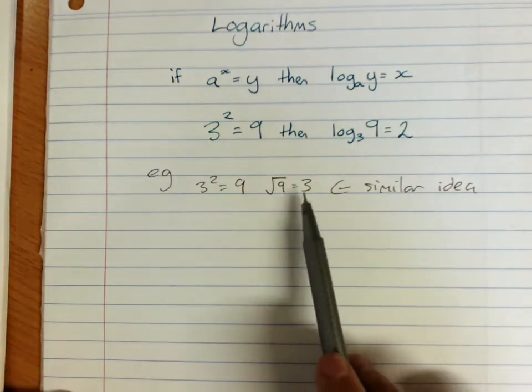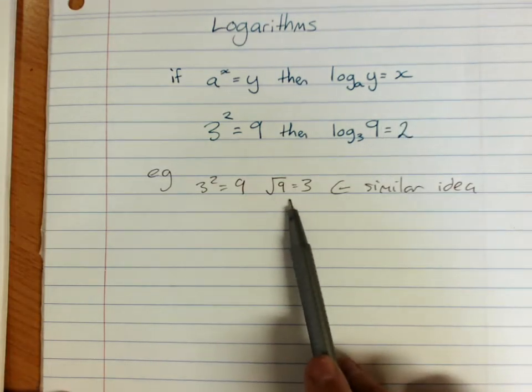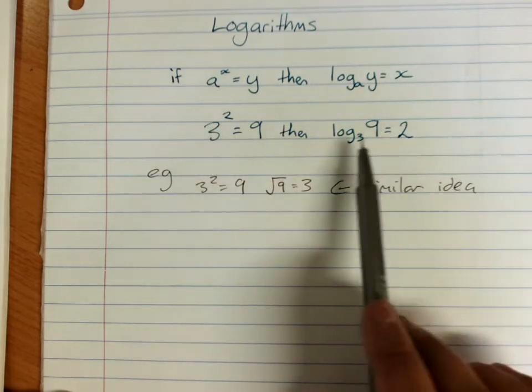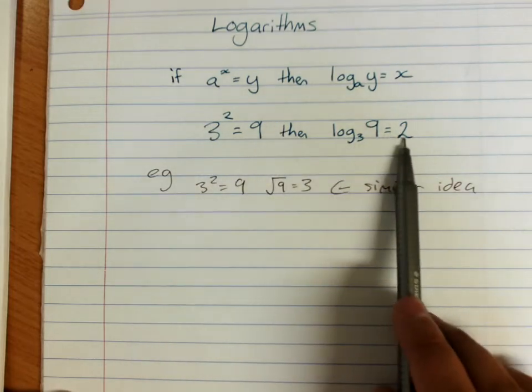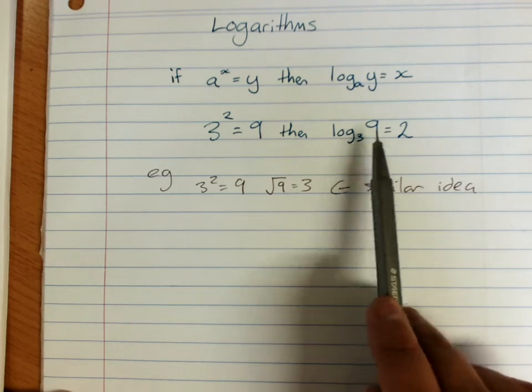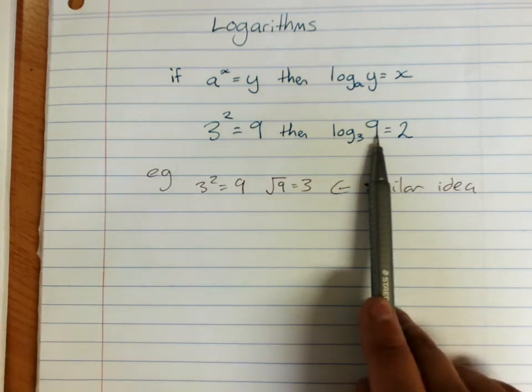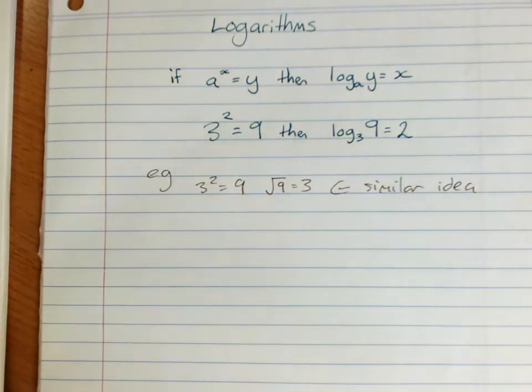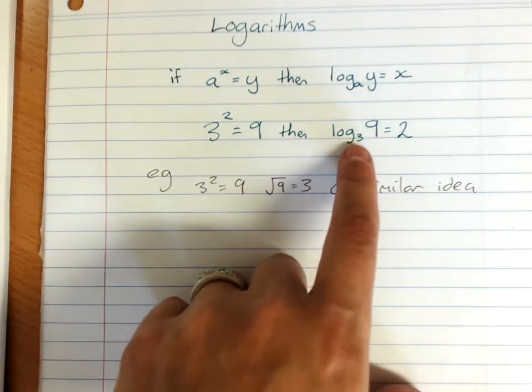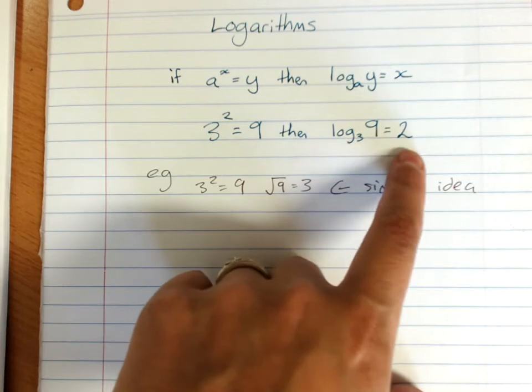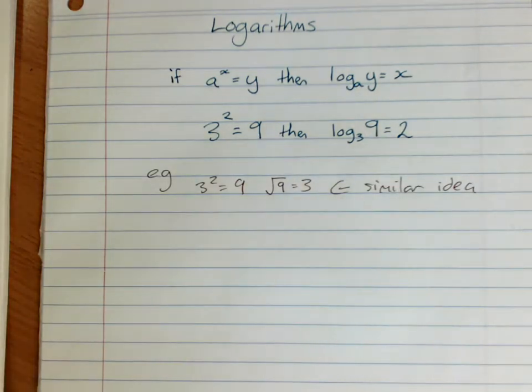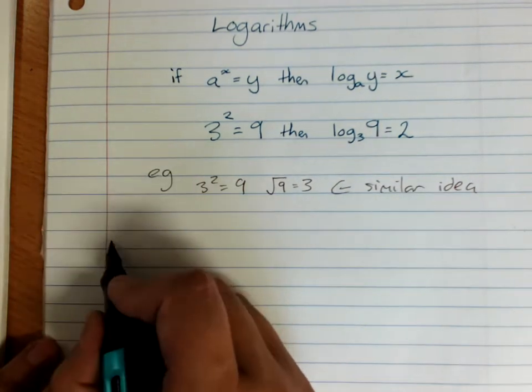Square root of 9 says, what did I multiply by itself to get 9? This is saying, what power of 3 did I have to get 9? So it's very similar. Think of this as what power of 3 gives me 9? It's 2.